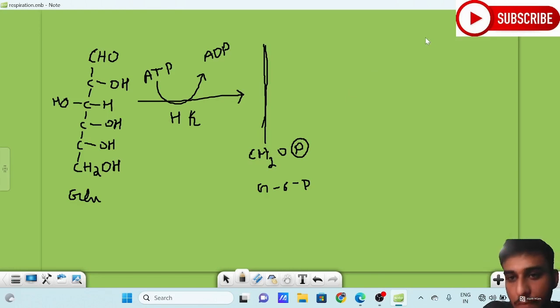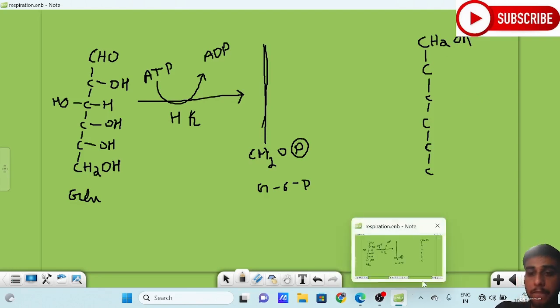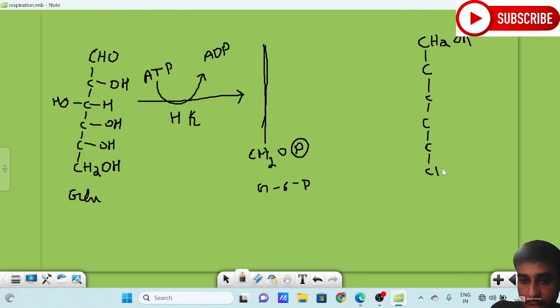Fructose is a 6 carbon isomer of glucose. 1, 2, 3, 4, 5, and 6. CH2OH. I am drawing the structure. CH2OH. Here 2 CH2OH.